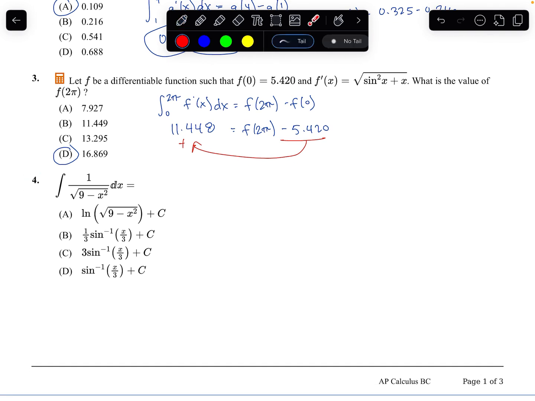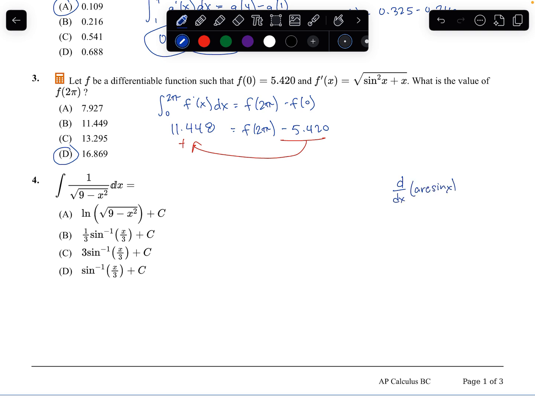Let's check 4. This one is using substitution, so if you need to, look at your notes for that. What I'm trying to identify here is what this antiderivative looks like. That looks an awful lot like I'm taking the derivative of arc sine.